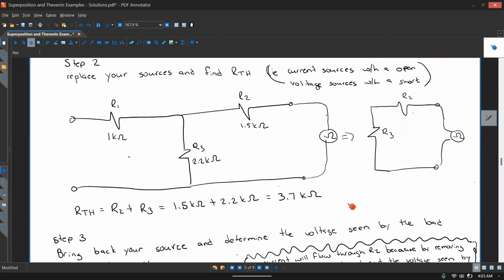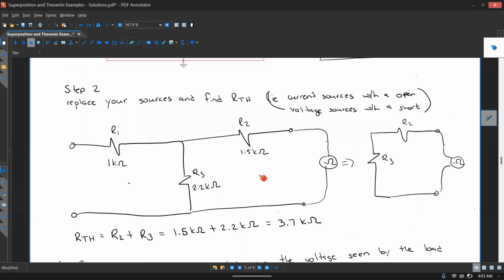That's all you're doing when you're trying to find R Thevenin: you are getting rid of your source. If it's a current source, you replace it with an open. The voltage source, you replace it with a short. And just imagine yourself measuring the resistance across where the load resistor should be.